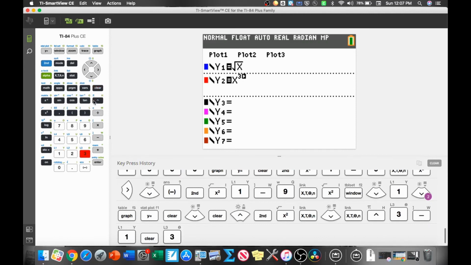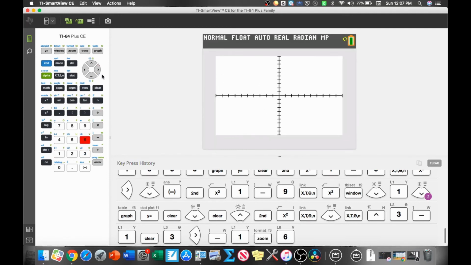X cubed, I forgot to arrow out of my exponent. Good lesson right there. X cubed minus 1, okay? And I'm just going to do a zoom 6 window on this, negative 10 to 10. And there we go, which looks exactly like the picture that I drew. And so now I want to know where these two curves cross each other. The calculator will do it for me.